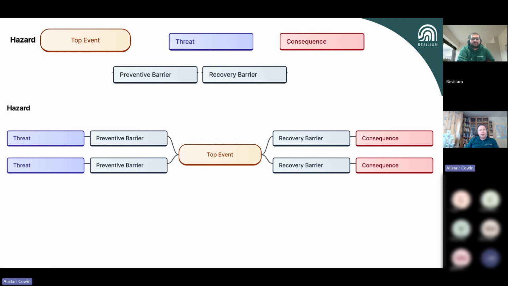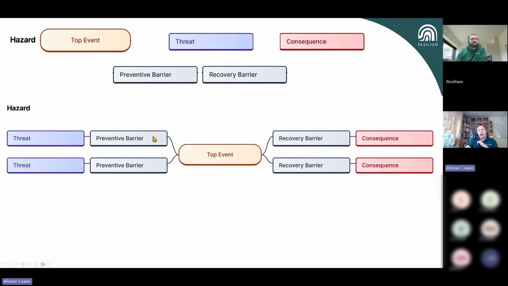Now, if anybody's heard of James Reason, he put up the Swiss cheese model, which was that we have these layers of defense, these barriers that we put in place to manage the risk and to manage the loss. Unfortunately, nothing is perfect, and he described it as Swiss cheese that has holes in, and if these holes line up, then that's effectively your barrier failure.